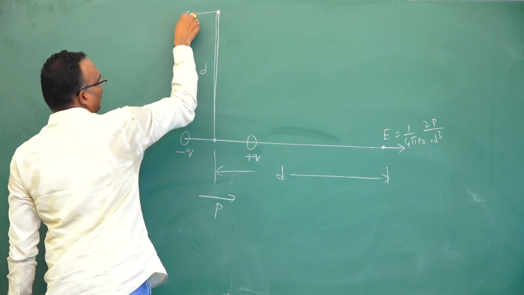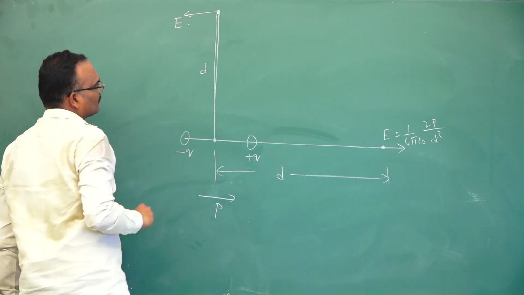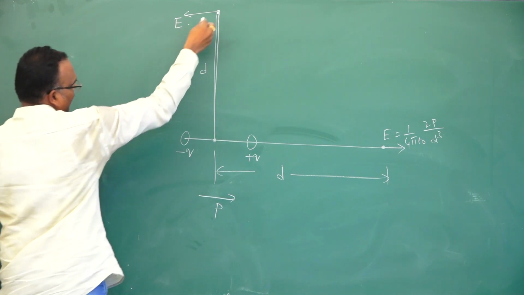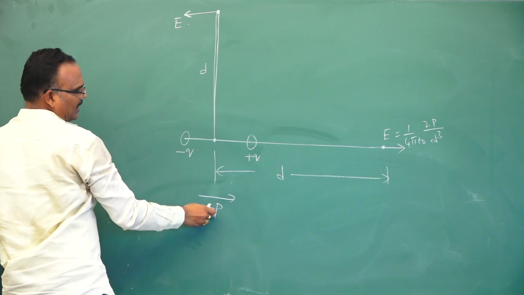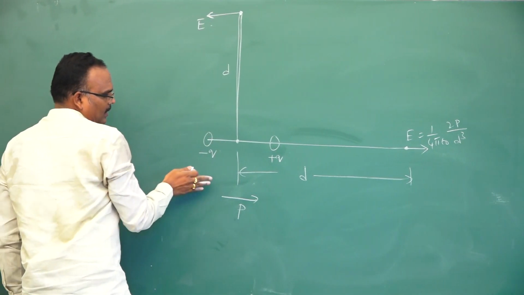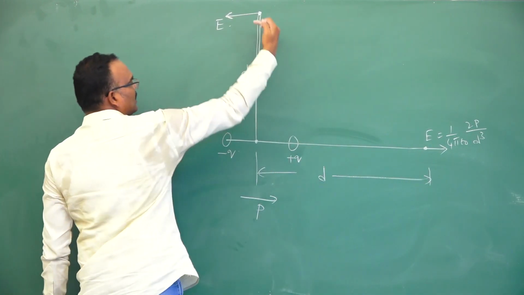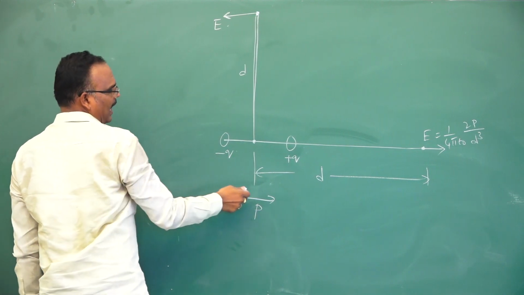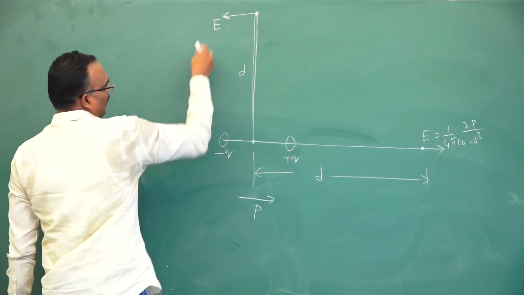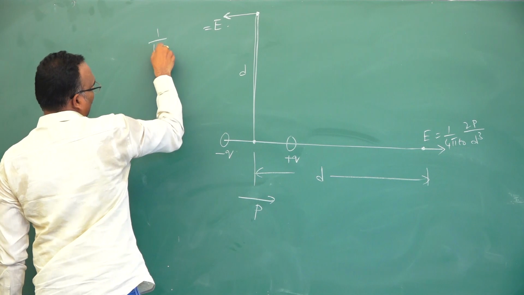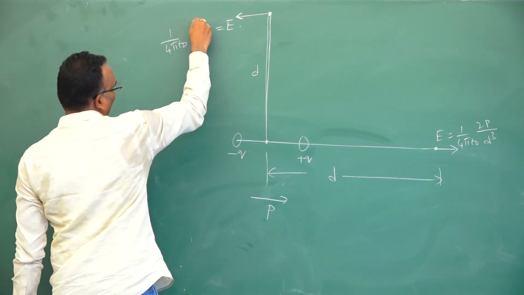Dipole moment is in this direction, so electric field will be in this direction. Angle between them is 180. Electric field magnitude is 1 by 4 pi epsilon naught p by r cube.